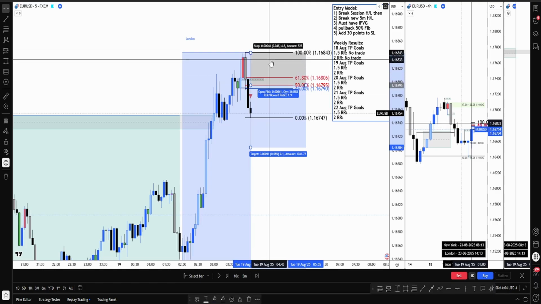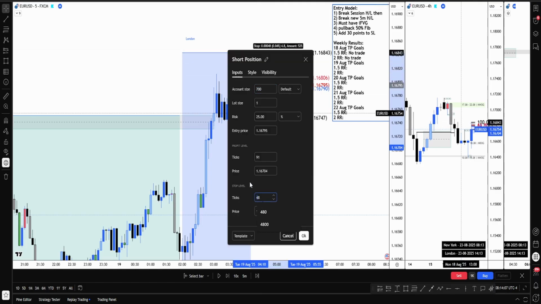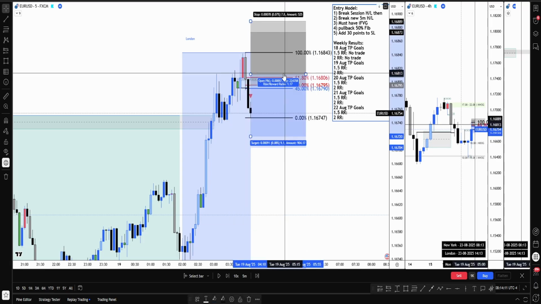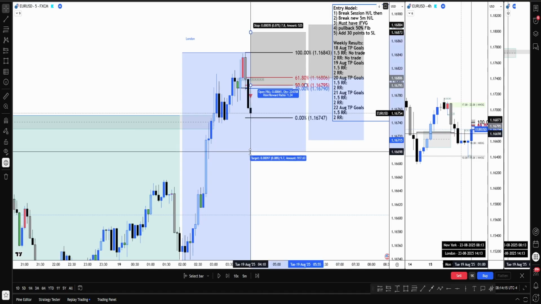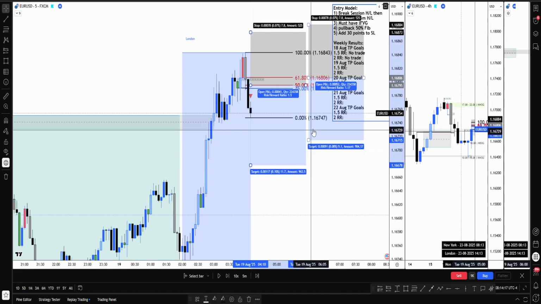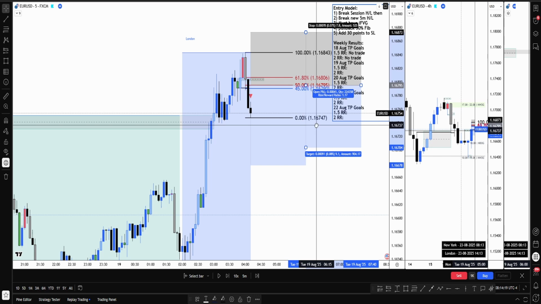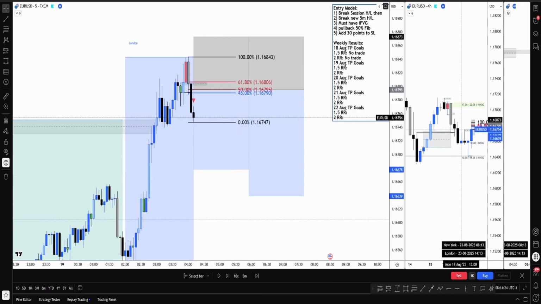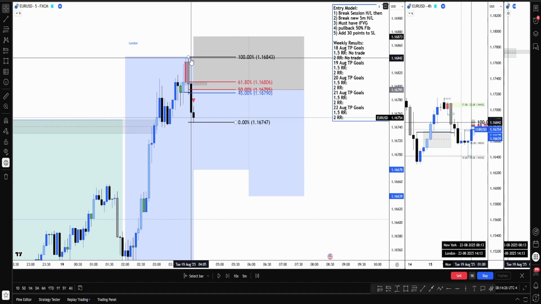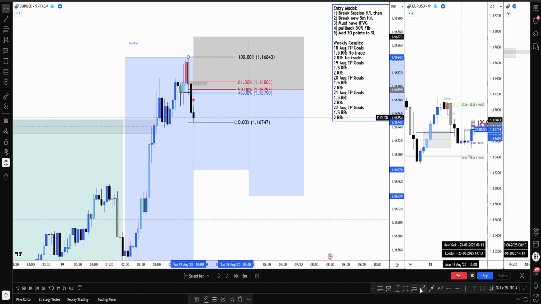Okay. 48, 78. There we go. And we can duplicate this as well. Okay, 1.5 and 2. Let's just wait because we have to adjust our fib tool as price moves.